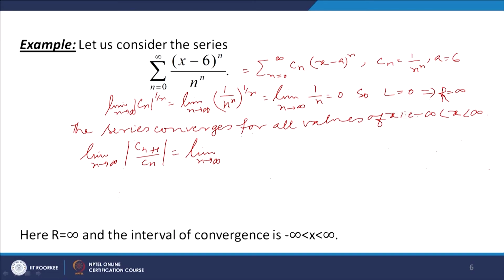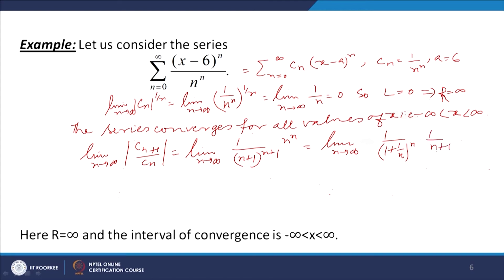Now, C_(n+1) will be 1 by (n+1)^(n+1). Okay. And then C_n is 1 by n^n. So, n^n divided by (n+1)^n times (n+1), right.